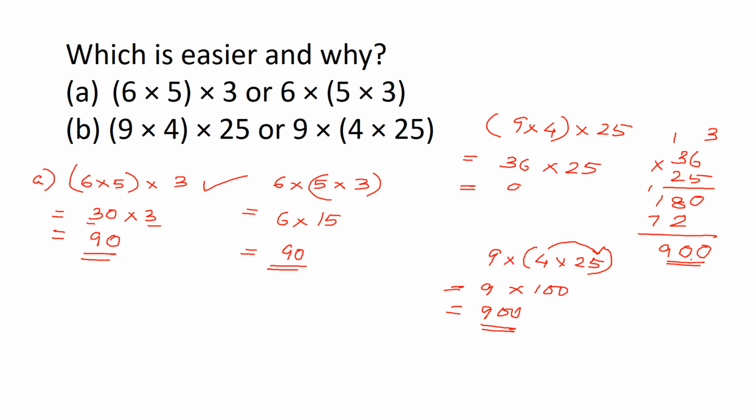Here also you got the answer as 900. See, here you have a big number to multiply, 36 into 25. But here it is 9 into 100 only. Can you see? So this is the benefit of learning commutativity and associativity. That is, you can join the numbers together easily and then find out which multiplication will be easier for you to calculate.